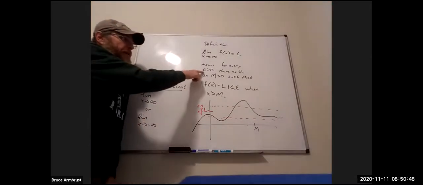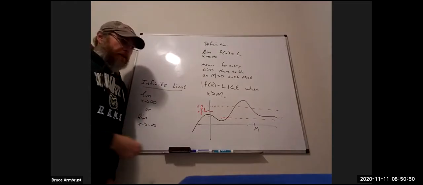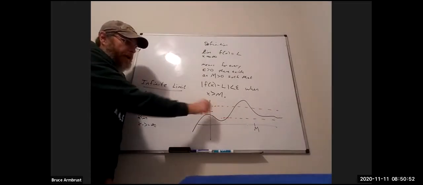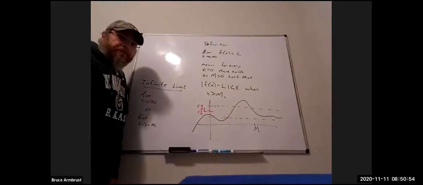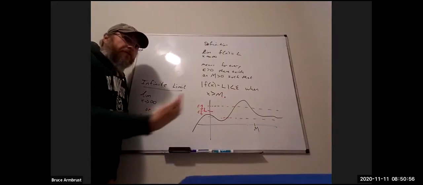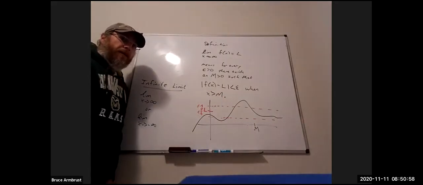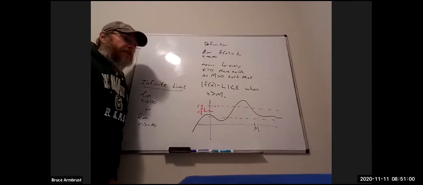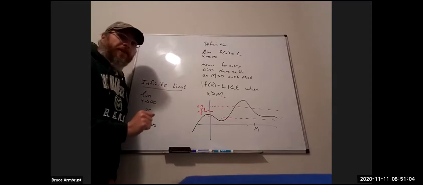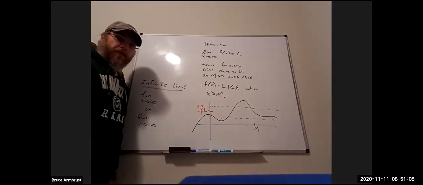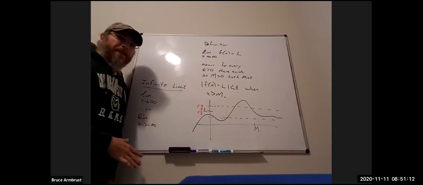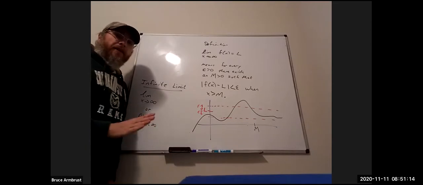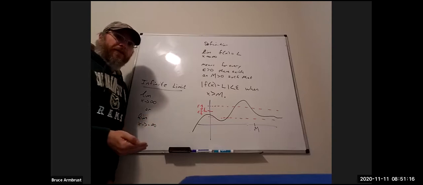And so if you start making epsilon smaller, you make this strip smaller. I might have to move further away. I might have to move my M down the line as well. But if this limit exists, there's going to be some place where eventually, once I go beyond that, I'm always within that little horizontal strip. So I hope you see the similarities to what we are doing with regular limits.